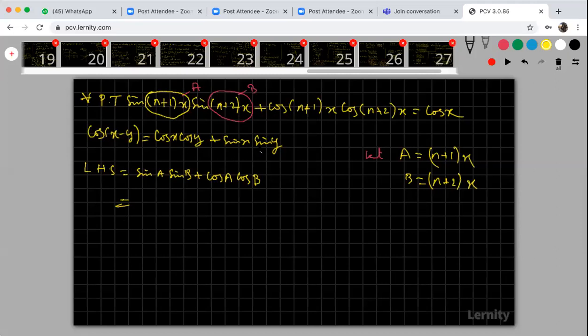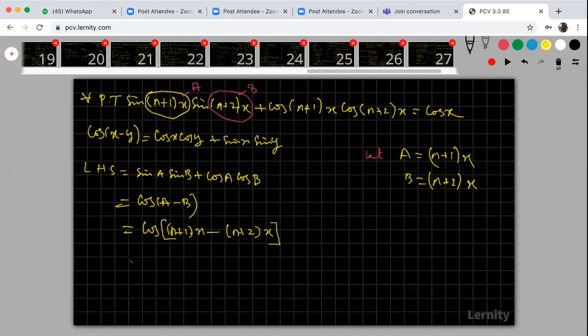What about your sin x sin y plus cos x cos y? This is nothing but cos of A minus B. What is your A? What is your B? Just substitute that. A is (n+1)x. B is (n+2)x.